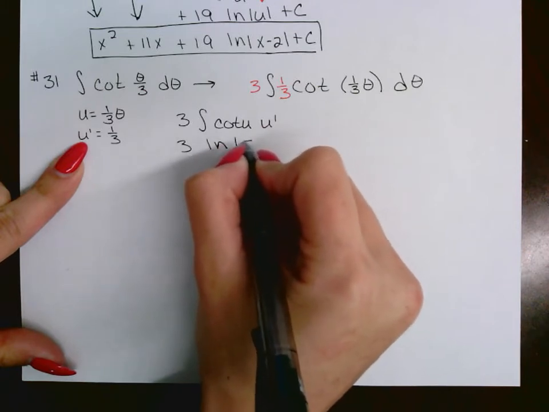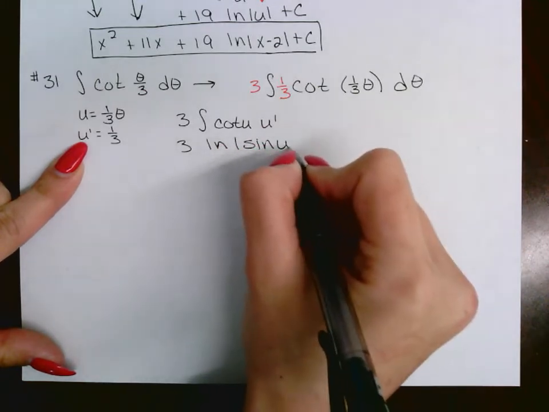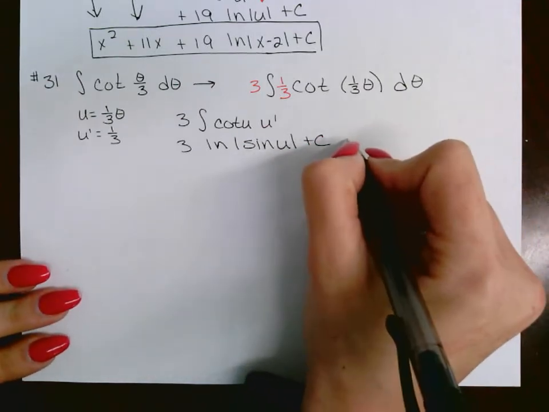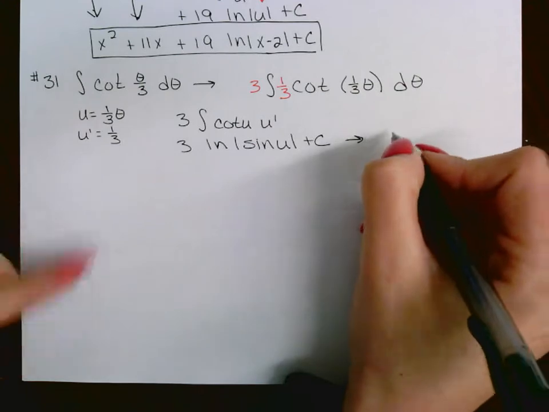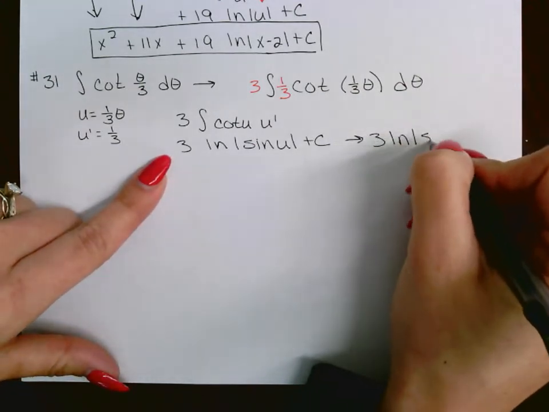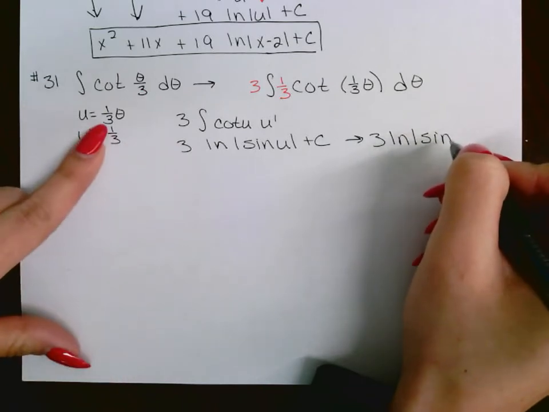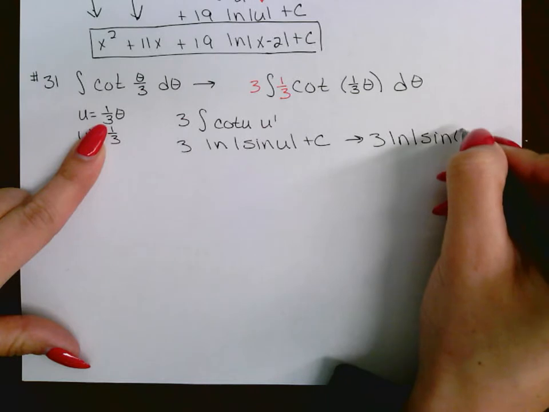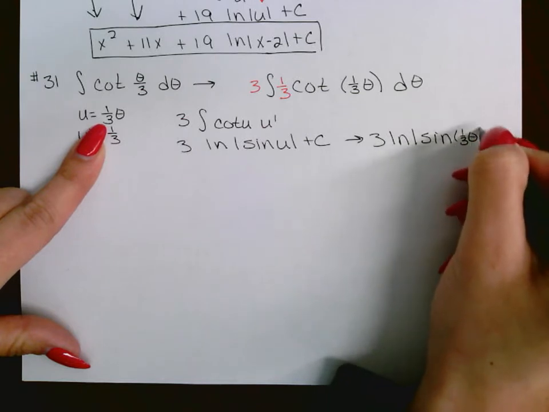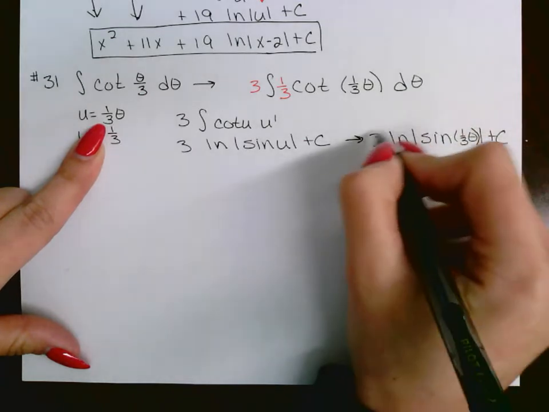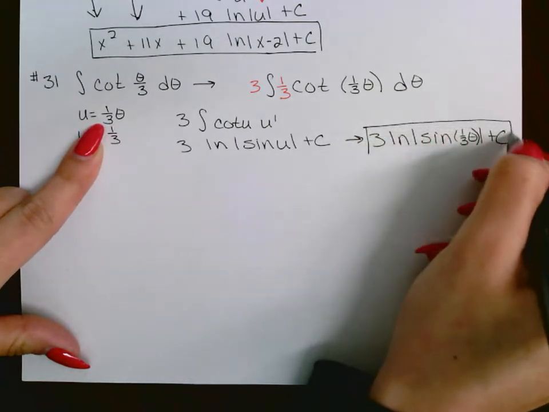Ln absolute value of sine of u plus c. Last step. Plug in the u. So I have 3 times ln absolute value of sine of, you can write 1/3 theta or you can write theta over 3. And then your plus c, and you are done with this question.